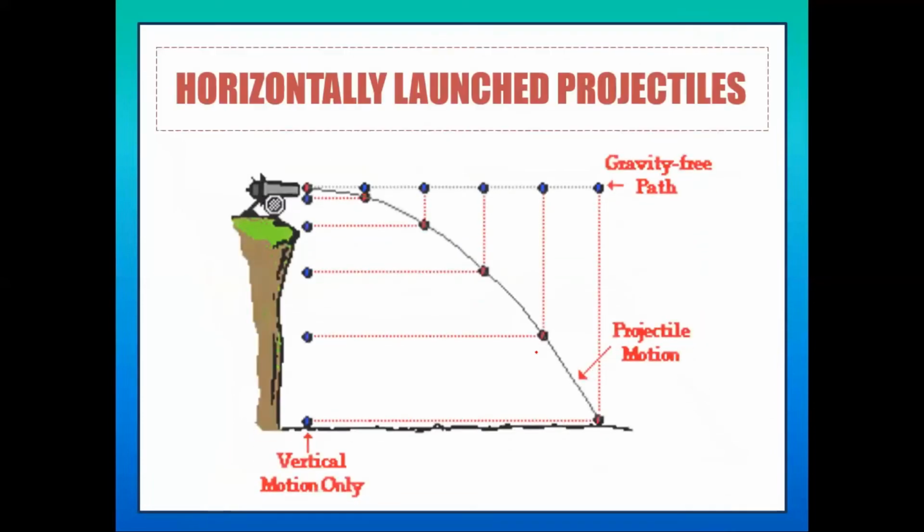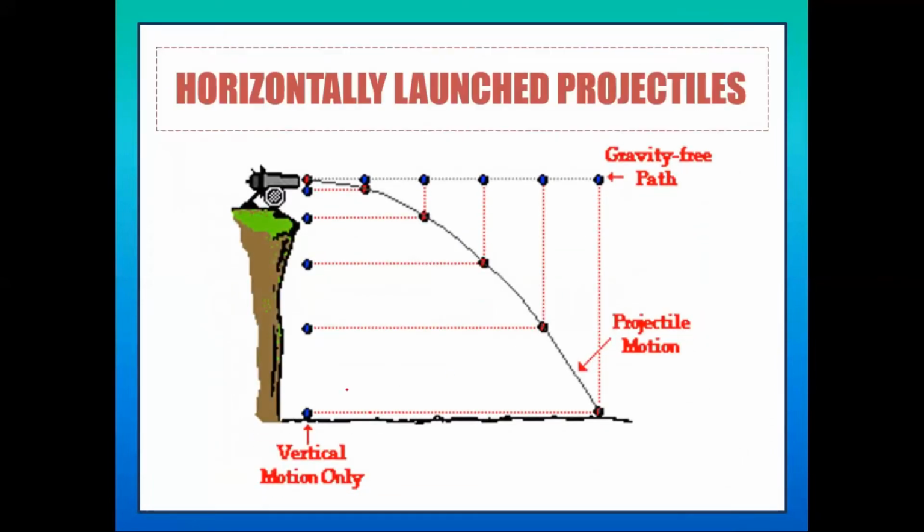So putting it all together, this is what happens to your cannonball when we launch it horizontally. This is the gravity-free path, or the horizontal path. This is the vertical path. If gravity is switched on, we know that it will move downward. But since it was projected horizontally, it creates a projectile motion.